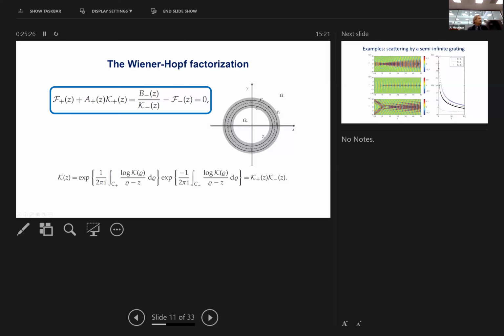And as you can see, the equation can originally be written on the unit circle, where z has the modulus 1. But now I extended it into a ring, and then I factorize my kernel into the functions which are analytic inside and outside.